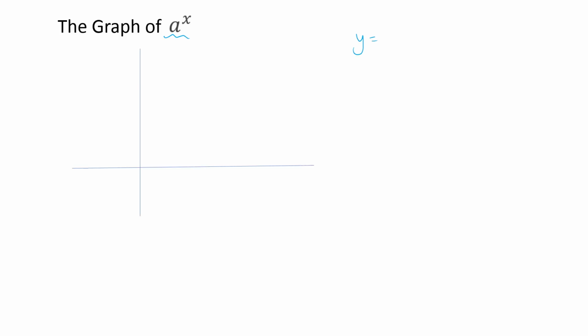So to get a feel of the shape of these graphs, they're exponential graphs. If we just do y equals 2 to the x and see what's going on, remembering that a is a constant. If we look at negative numbers, say maybe -2, -1, 0, 1 and 2, just to get an idea of what's going on.